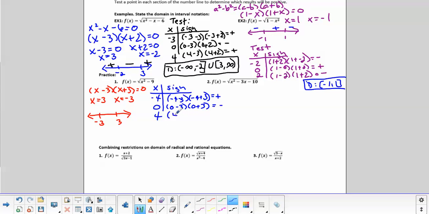And 4 minus 3, 4 plus 3. Positive times positive is positive. So this section is positive, negative, positive. So we want to include the answers over here and over here. Domain is negative infinity to negative 3 and 3 to infinity.